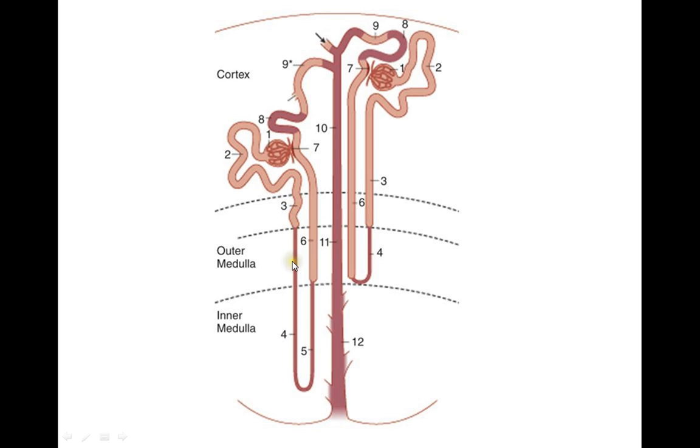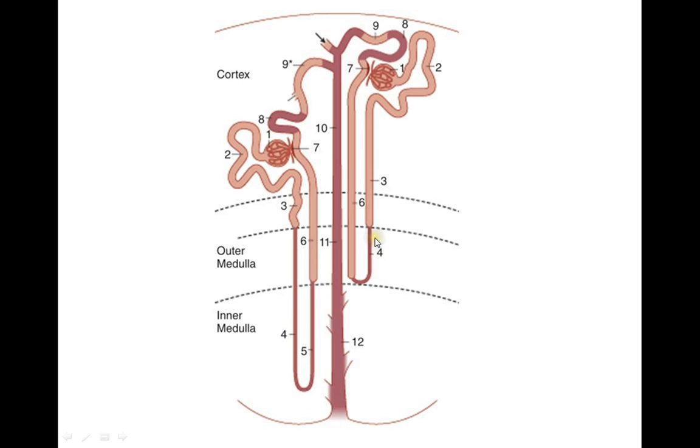After that, we have a U-shaped structure, both here and there. This U-shaped structure is known as loop of Henle. This loop has a descending part, number 4, here and here.